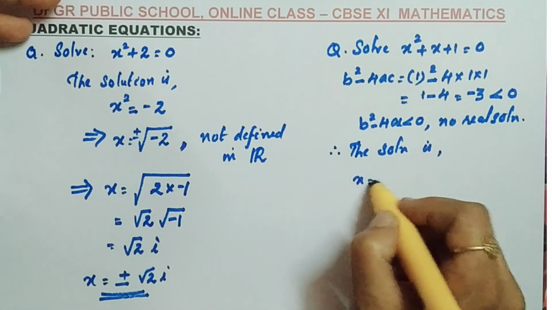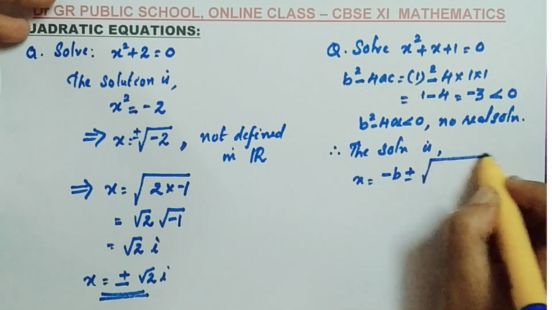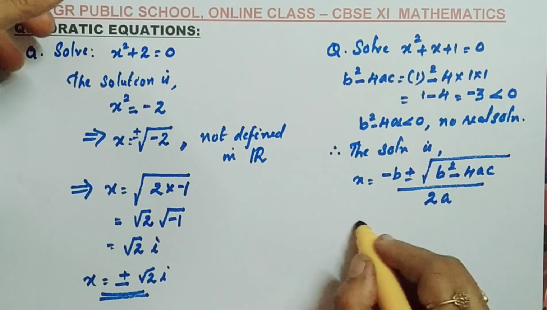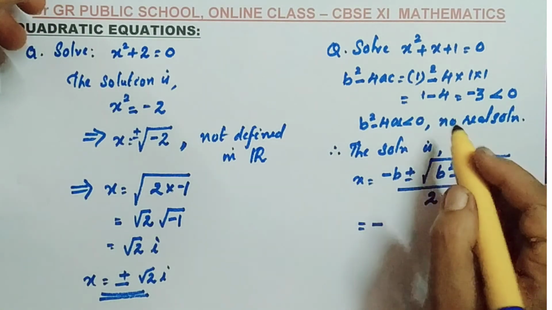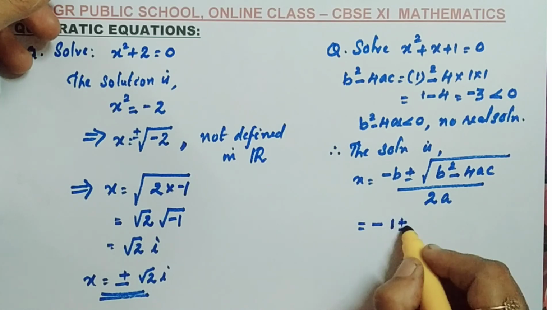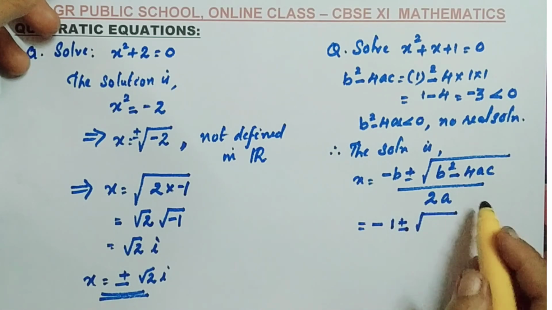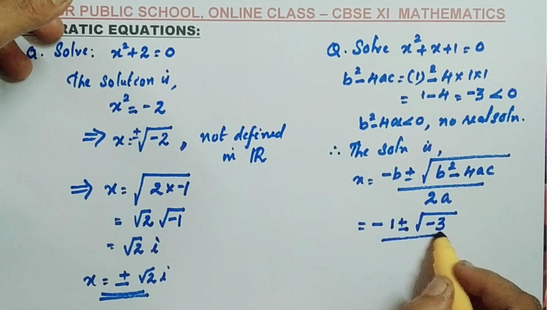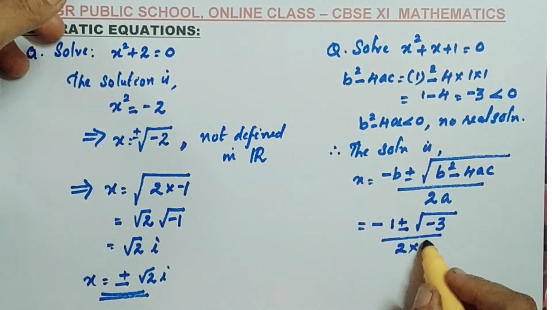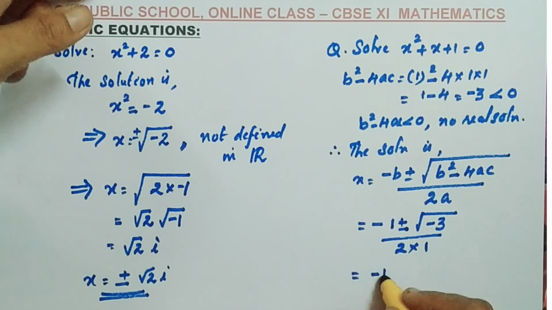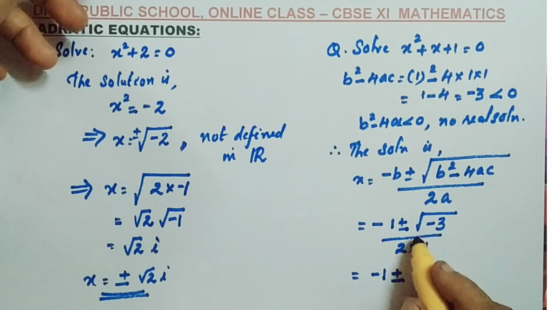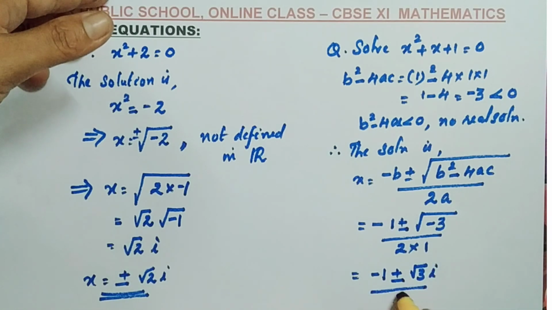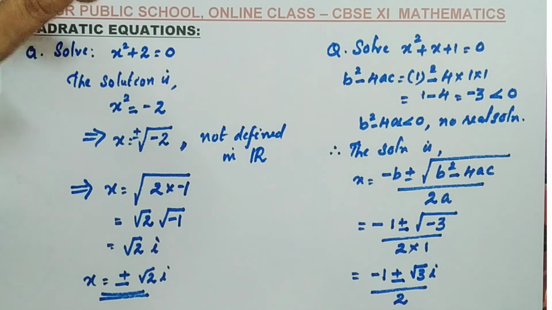The solution is x equals minus b plus or minus root of b square minus 4ac, the whole divided by 2a, which equals minus 1, the value of b, plus or minus root of b square minus 4ac, which we obtained as minus 3, divided by 2 into 1. That equals minus 1 plus or minus root 3i divided by 2. Here root 3 can't come outside, so you write it directly as root 3i, because root of minus 1 is i.